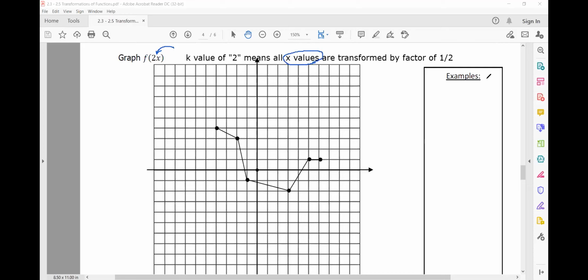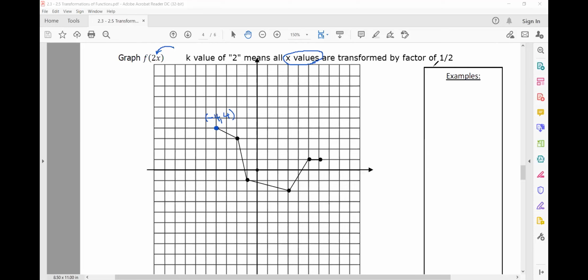All x values. So I'm going to walk some people through. Maddie, are you with me? Yeah. Okay, what is the x value for this point? Would it be 2? Oh, yeah, okay, so I was going to say -4. -4 is the x value of the original.